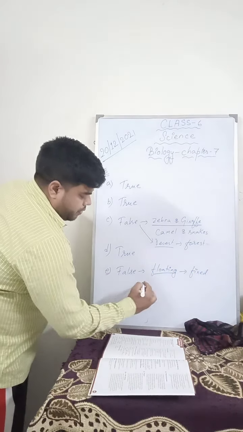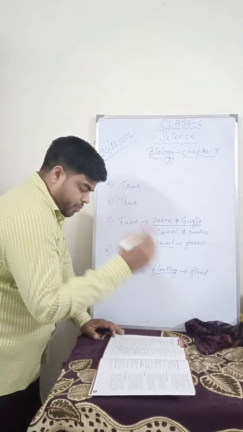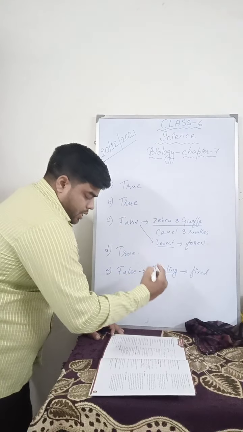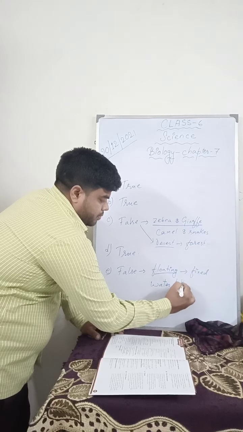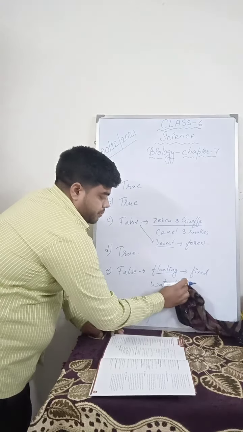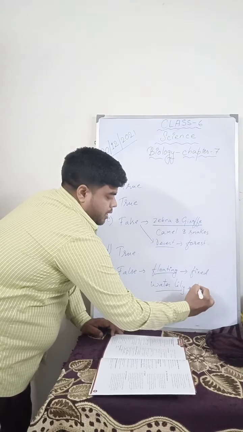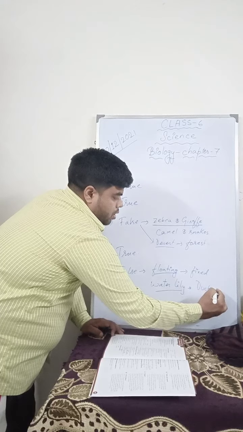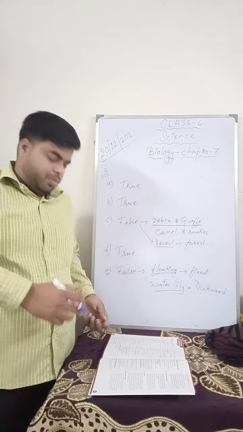Or else, if you want to keep floating as the correct answer, then you can underline water lily and write here duckweed or water hyacinth, any option.